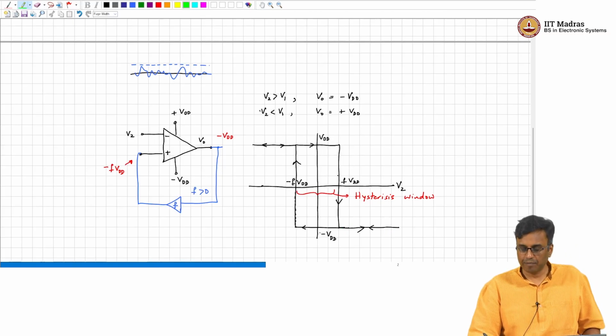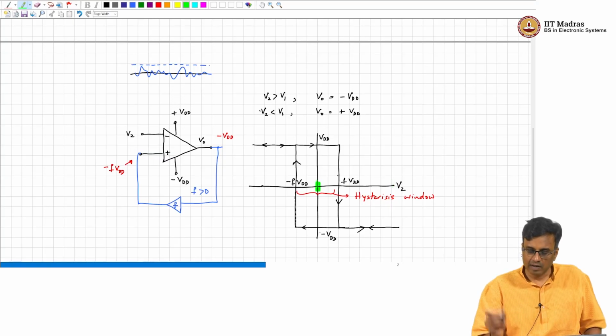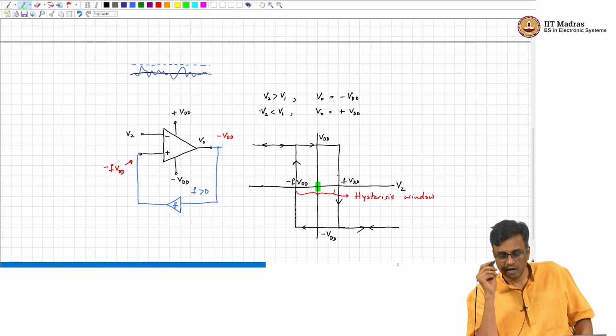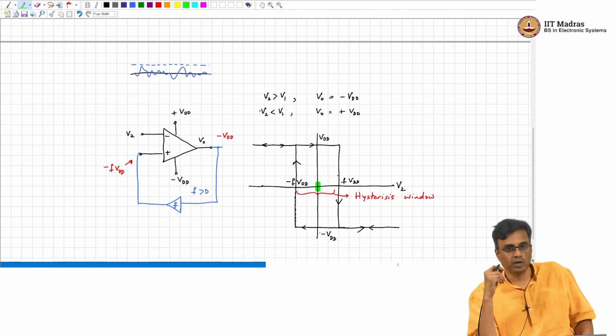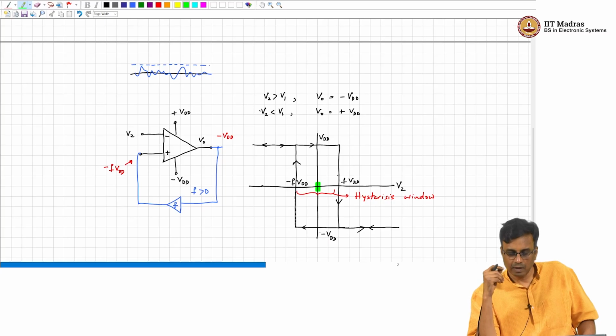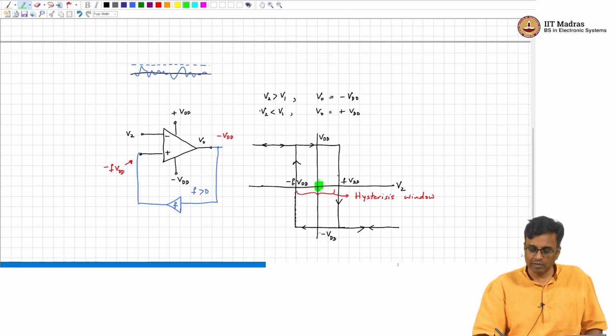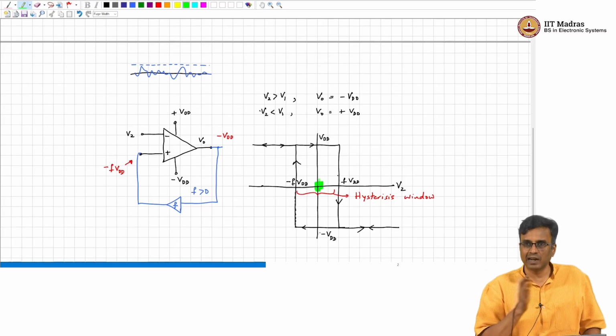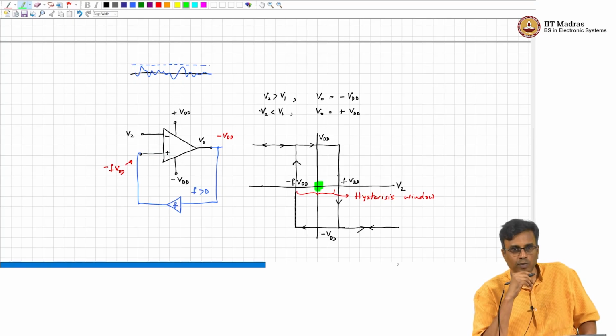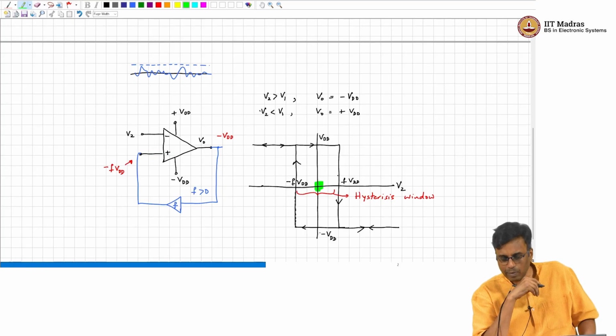It started off at a large value of V2, and it is now brought down to 0, correct. Then what comment can you make if V2 changes a little bit, due to noise or pickup or whatever? What comment can we make about the output?